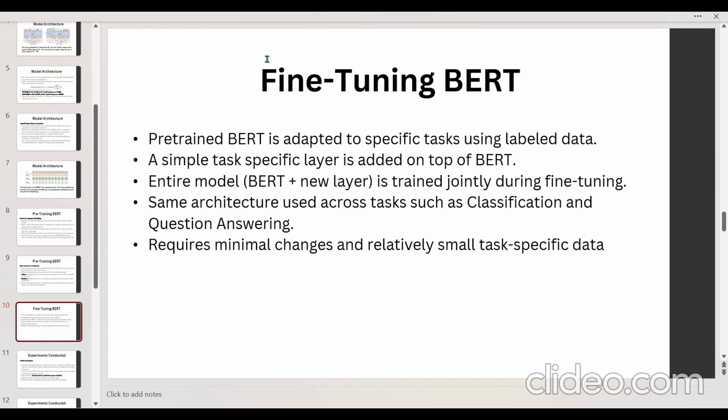For different tasks such as classification and question answering, the same architecture of the model is used throughout. Therefore, the fine-tuning process requires minimal changes, and a relatively small task-specific data corpus is required. Compared to pre-training, fine-tuning is relatively more efficient.